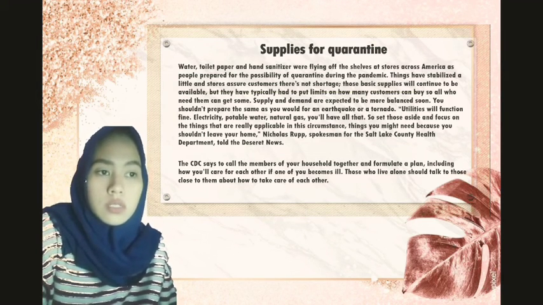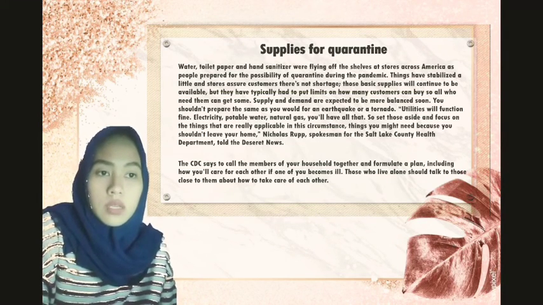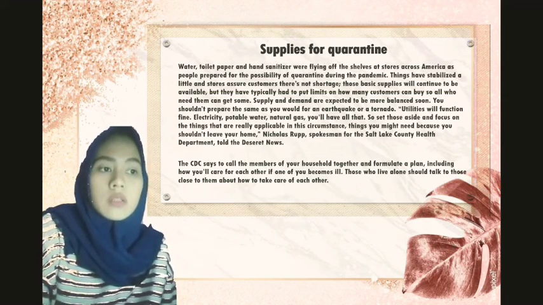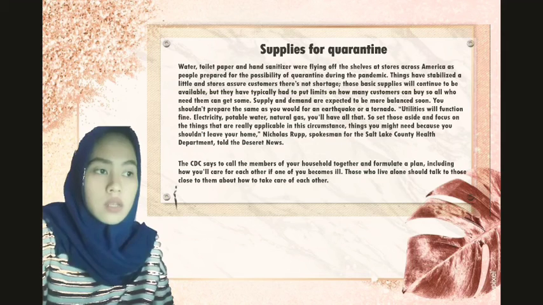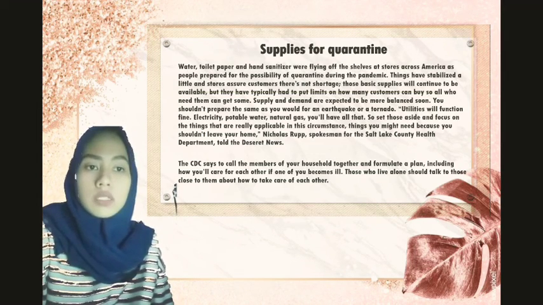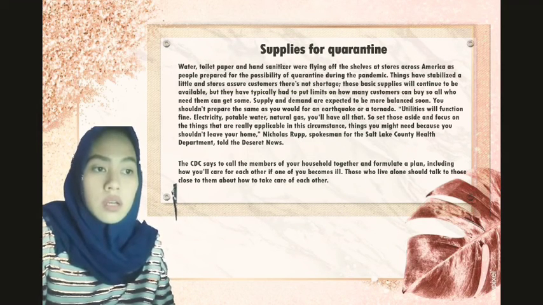You shouldn't prepare the same as you would for an earthquake or a tornado. Utilities will function fine. Electricity, potable water, and natural gas, you have all that.